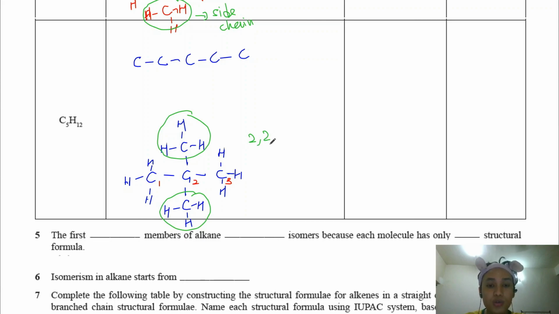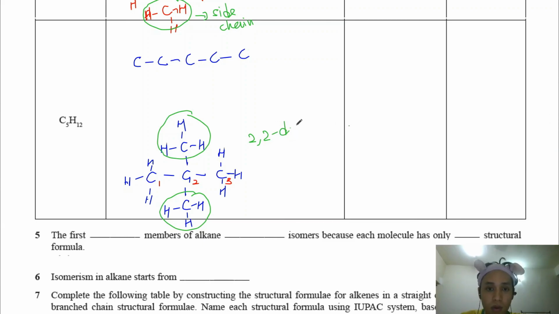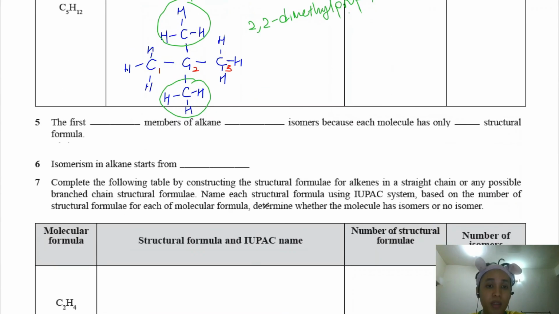Since I have 2 methyl, meaning it's dimethyl, and then this is 3 carbon propane. That is how you name this structural formula.